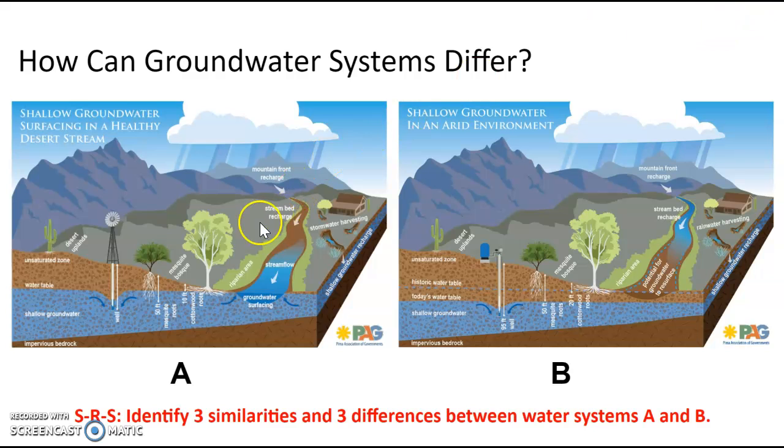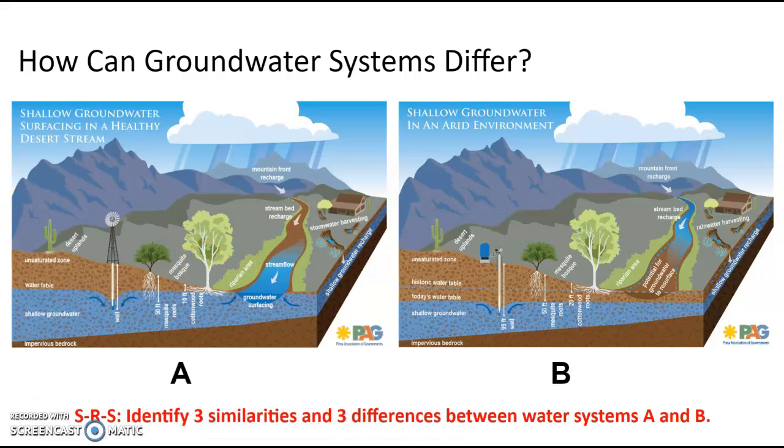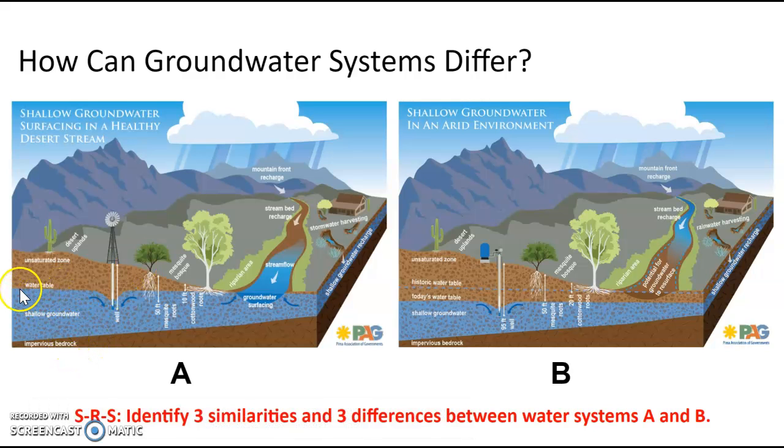Okay, now that you've identified your similarities and differences, I'm just going to point out a few that stand out to me. So one thing that I can see is that the water table is pretty high over here, and so the tree roots are able to drink the groundwater.